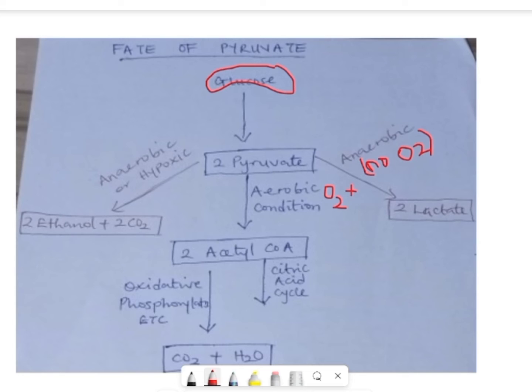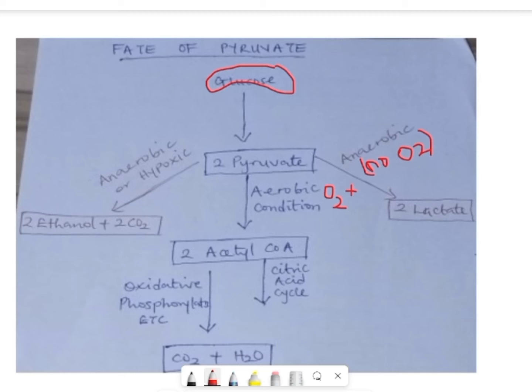Lactate is a byproduct of that anaerobic process, and it builds up, and this is what you feel when your muscles begin to ache. It happens in the presence of no oxygen or not enough oxygen.